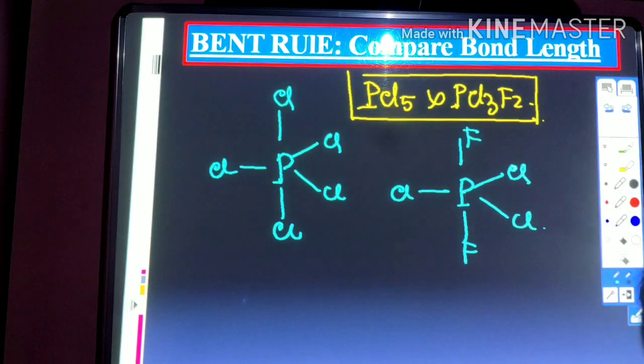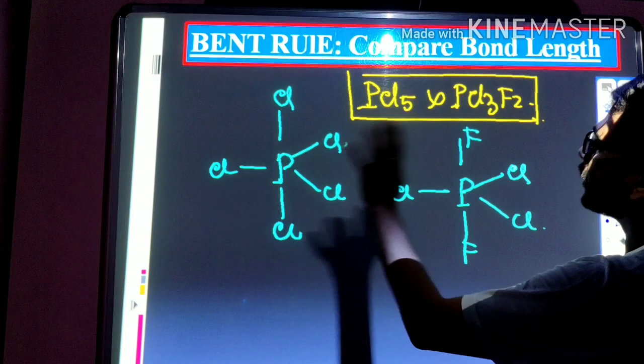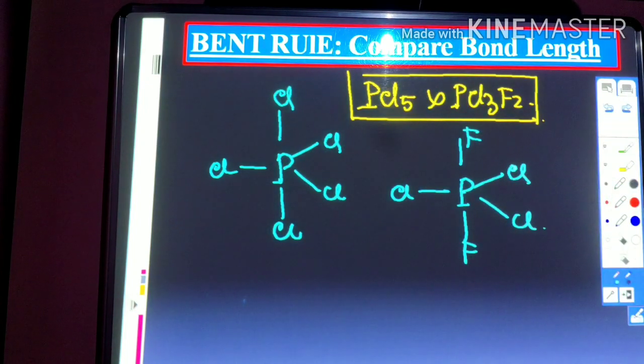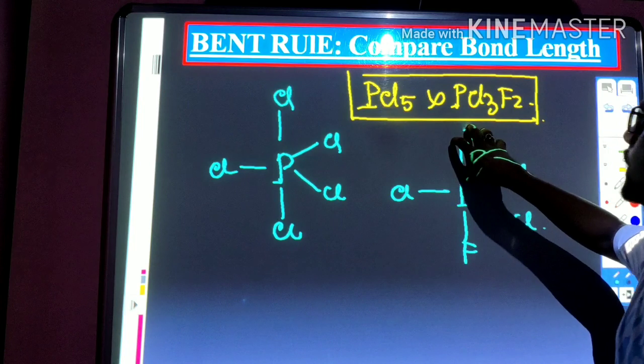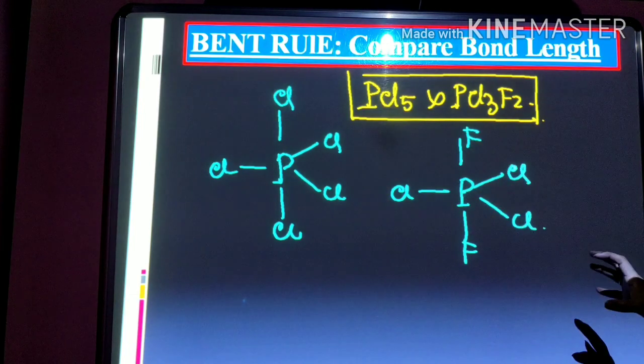Now, what I am going to compare, look here. If I want to compare this axial bond and this axial bond, don't get confused.